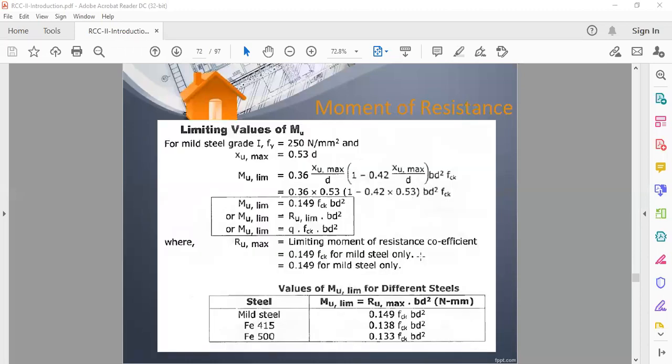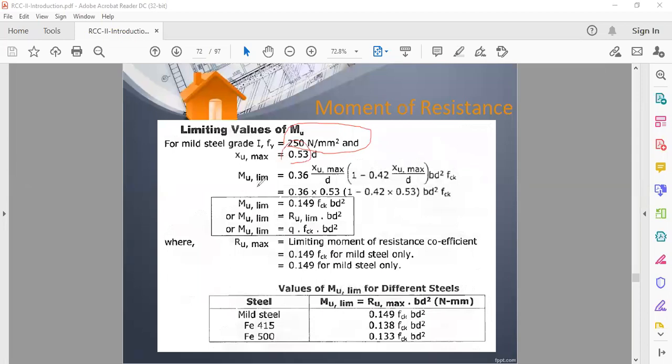So moment of resistance, if we target mild steel, what is the fy value here? The fy value is 250 Newton per mm square. So the Xu max by D ratio is 0.53.